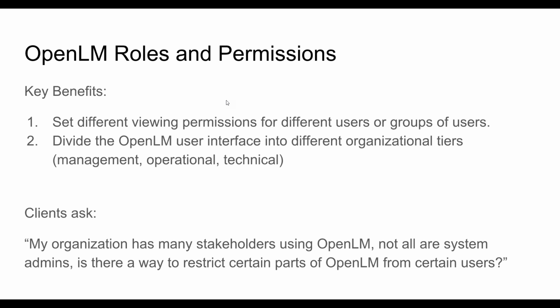In short, you can define who can see what in the Openlm system, both in the user interface and behind the scenes, meaning that you can hide different license servers or different features, or you can simply hide whole reports and whole sections of Openlm, or maybe some users will only be able to open Openlm just to see one report. Maybe that's all they need. It's up to the admin to decide.